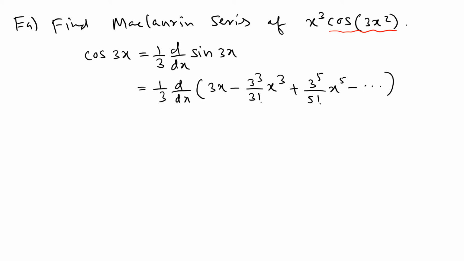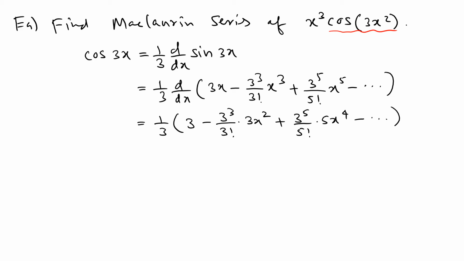So let's take the derivative, with the 1/3 in front. This is simply going to be 3 because it is the derivative. Then here it is 3 cubed over 3 factorial times 3x squared, plus 3 to the fifth over 5 factorial times 5x to the fourth, minus, like that.